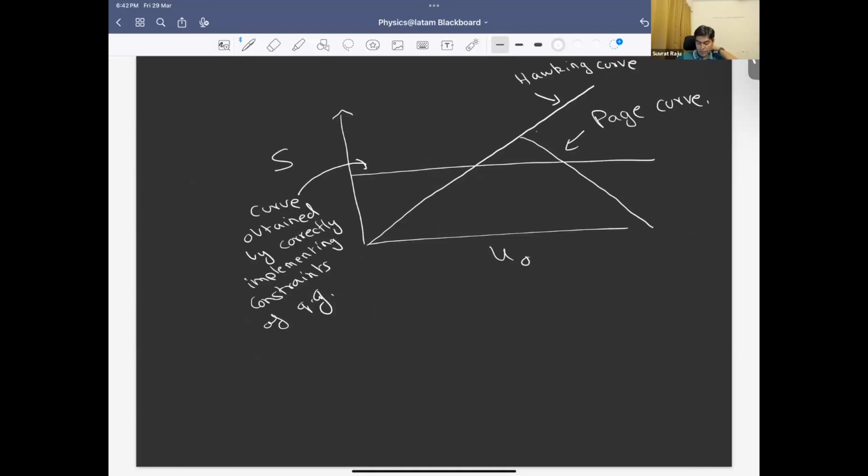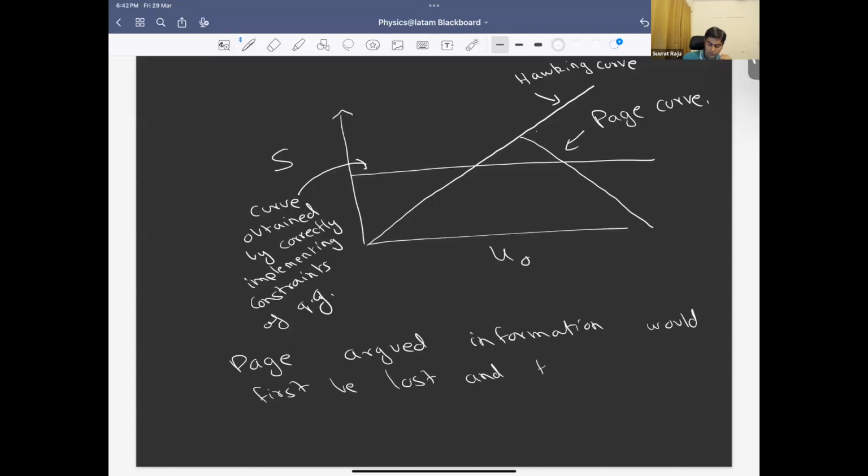Page argued that information would first be lost and then come back, and then recover. The Hayden-Preskill arguments are, in the end, a refinement of this Page argument. The Page argument is the most basic argument of this kind that you can make.